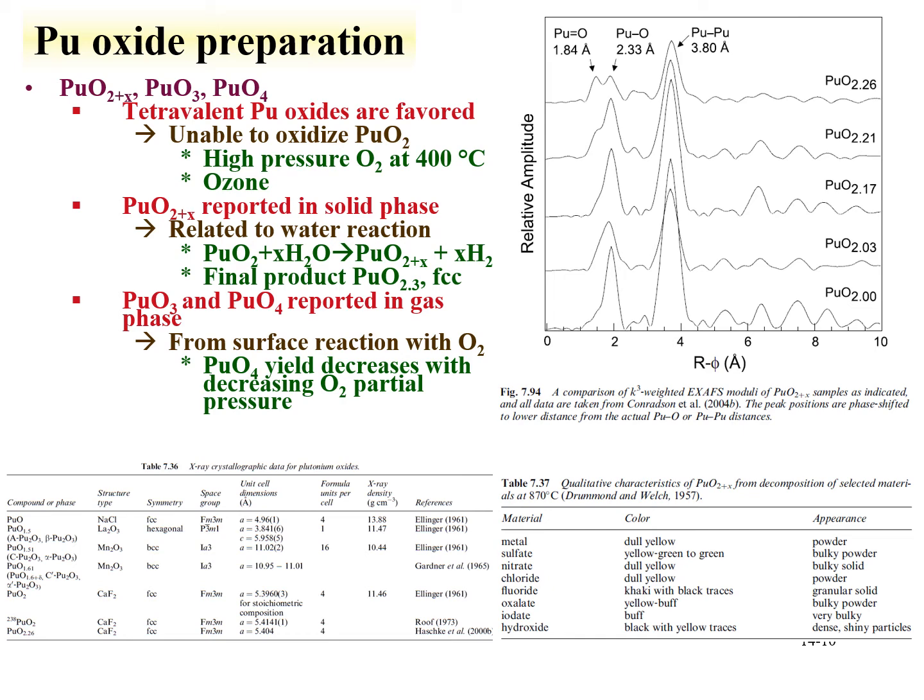The information about plutonium oxides overall is listed here with the compound, their phases, space group information, and densities. There's also a table here showing the characteristics of plutonium dioxide plus X from decomposition of different materials, so the formation from compounds, metals, sulfates, chlorides, etc., and the color and the appearance of the PuO2 plus X from these compounds.